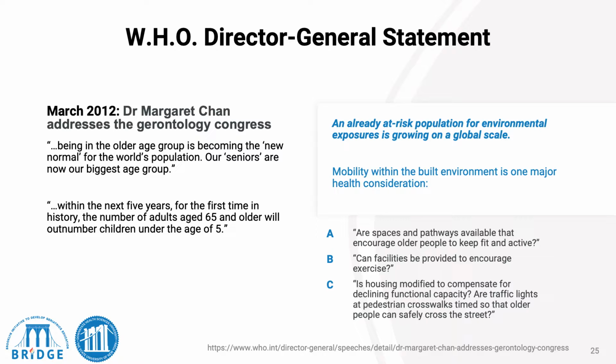Because that's where people tend to spend a lot of their time that will compensate for declining functional capability. So reduction in physical capability. Are there ways that we can accommodate the built environment or change the built environment to make it easier for mobility, like traffic lights being timed specifically so that older adults can get around easier?